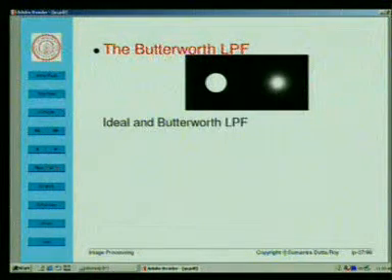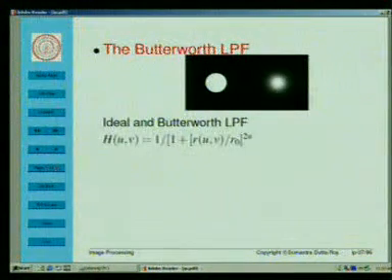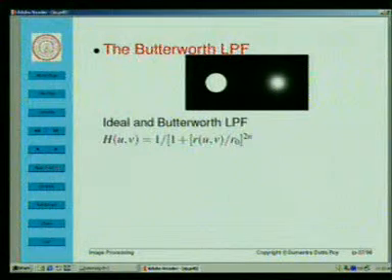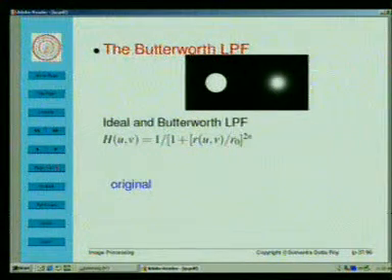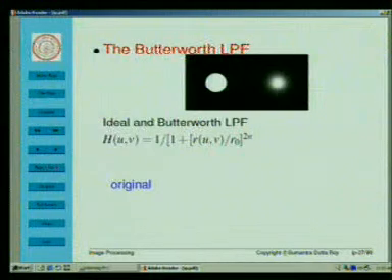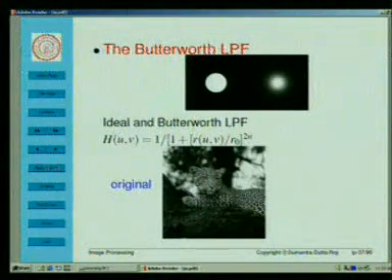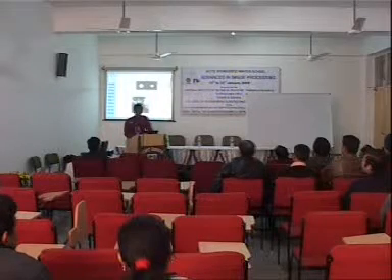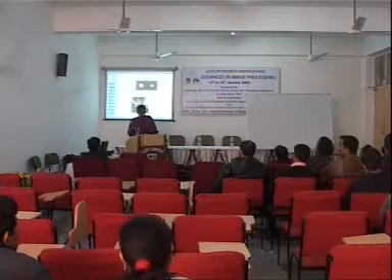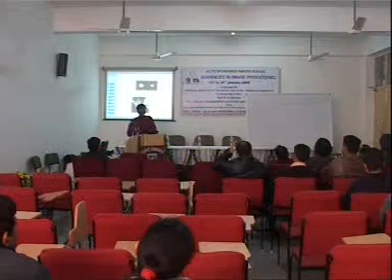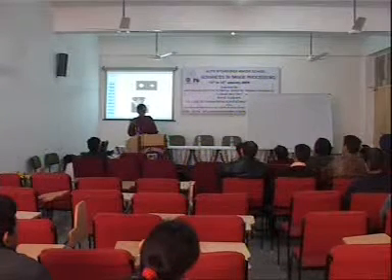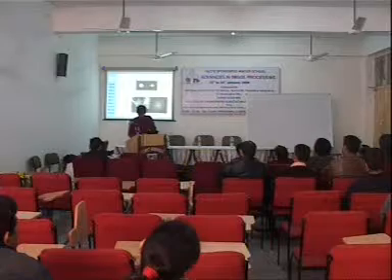There is another low pass filter. Most people in signal processing are familiar with Butterworth filters or Chebyshev filters, depending on what you want for the pass band and the stop band. A Butterworth low pass filter has a slightly more elaborate mathematical formula, and in the limit, when you increase the order of the filter, it goes towards an ideal filter.